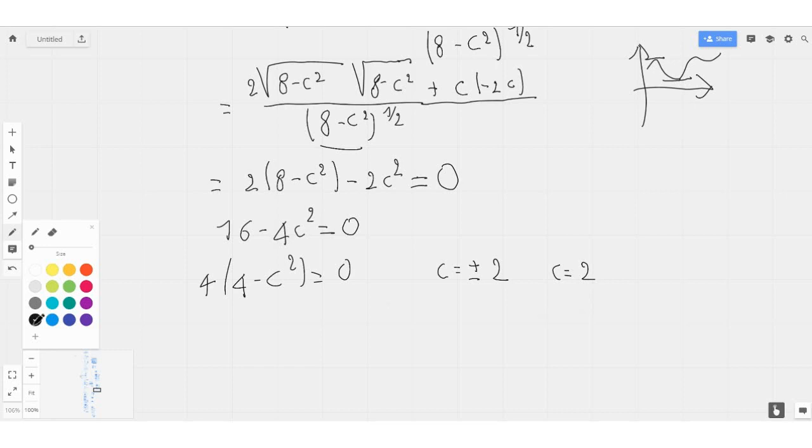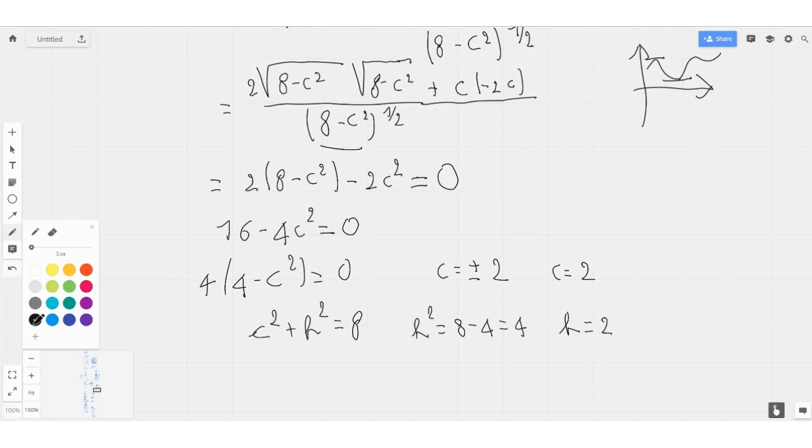Alright, so let's see what is then the value of H. We had that C squared plus H squared was equal to 8. Now we have H squared will be equal to 8 minus C squared, which is 4, which means that H, again we only take the positive, H is equal to 2.